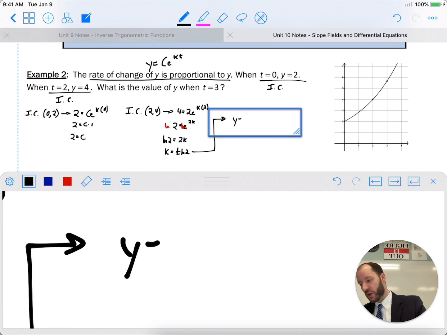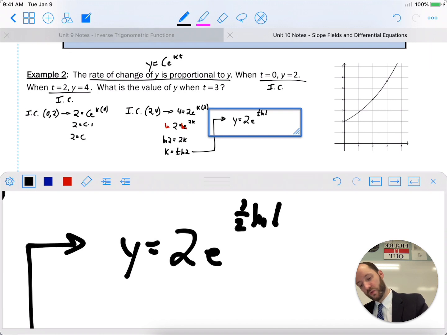So we want to know what the value of y is when t equals 3. So c is 2, e to the 1/2 ln of 2. And t is going to be 3.